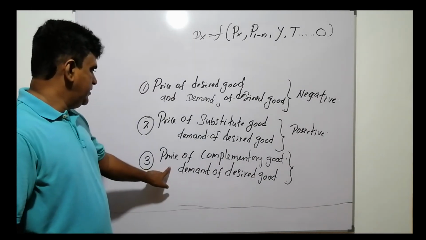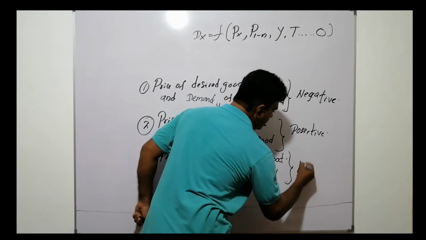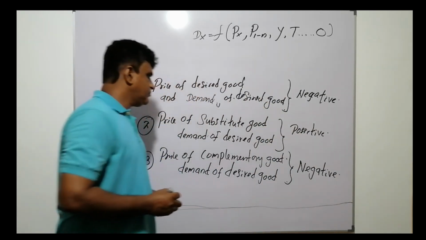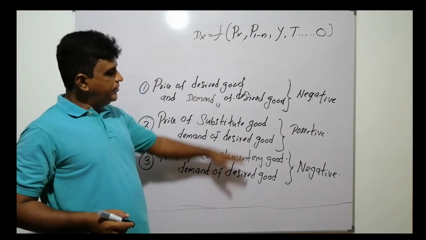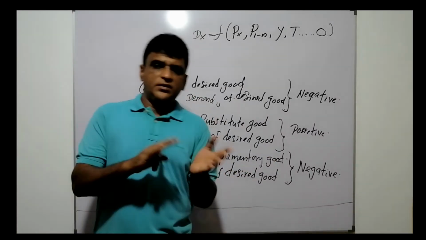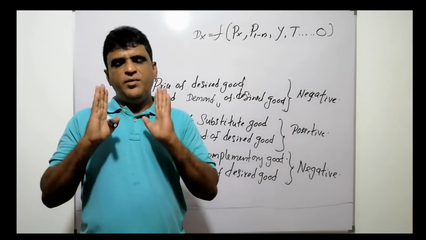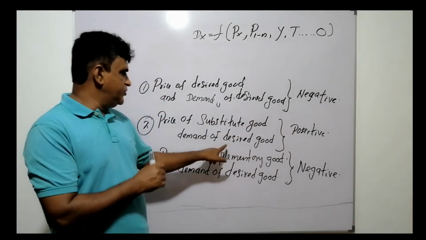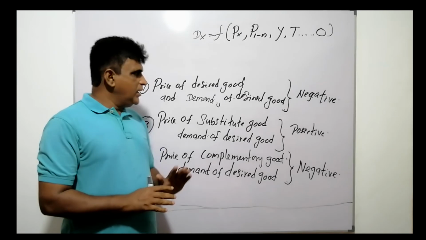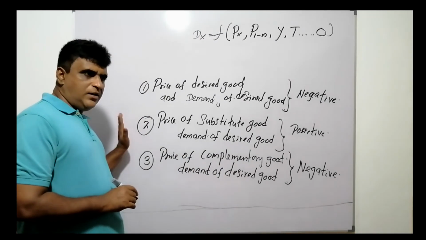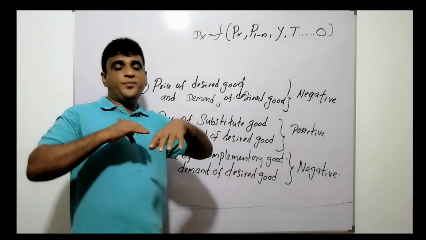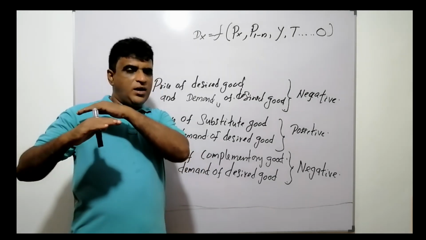Then the combination is again negative. Negative. Right. Based on this, these are the combinations between price, the substitute goods and complementary goods.